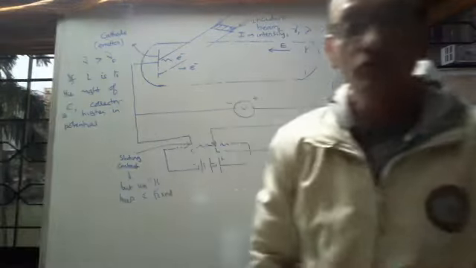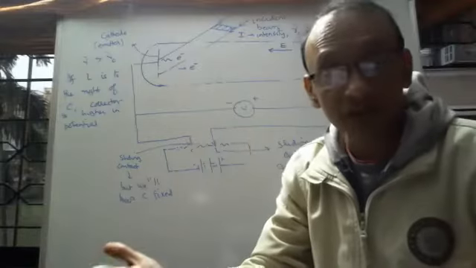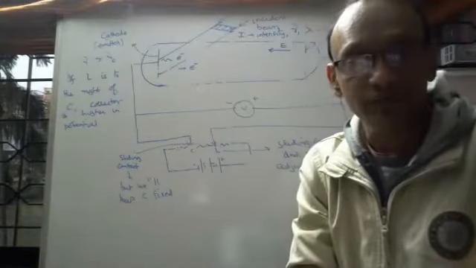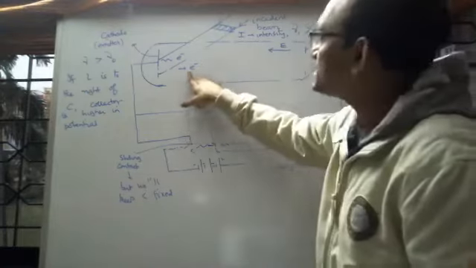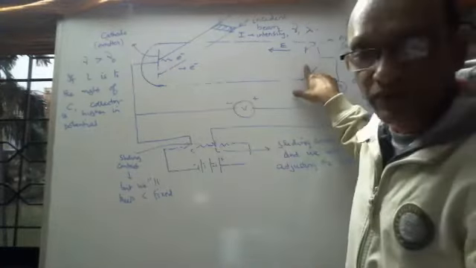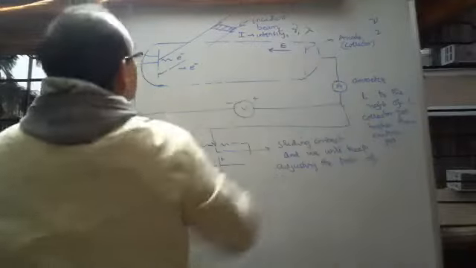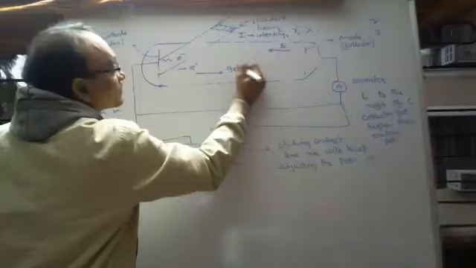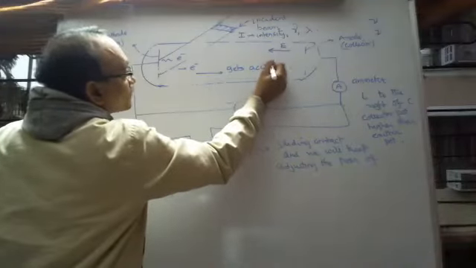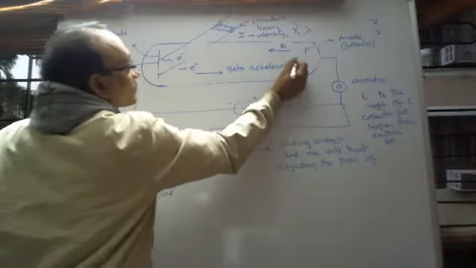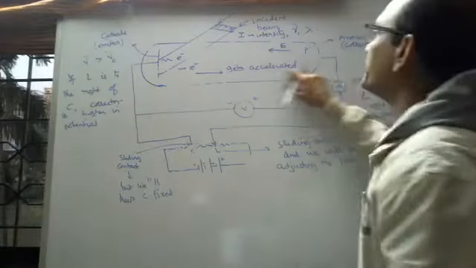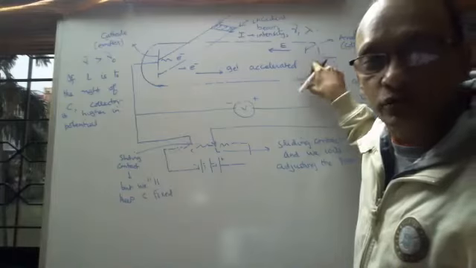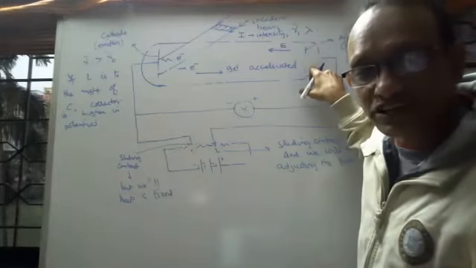Electrons move from lower to higher potential, whereas positive charges move from higher to lower potential. So the tendency of the electron is to move from lower to higher potential. So the electron will get accelerated. Electrons will get accelerated, and some electrons will reach the collector.